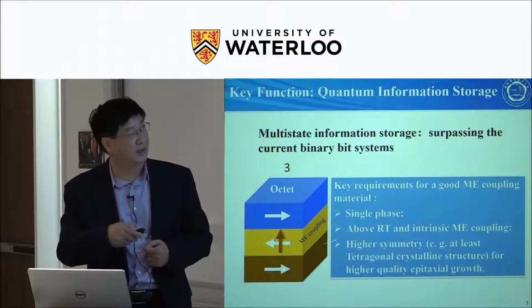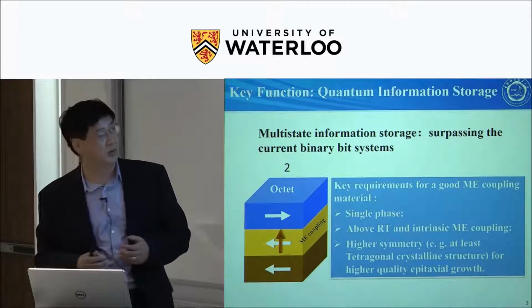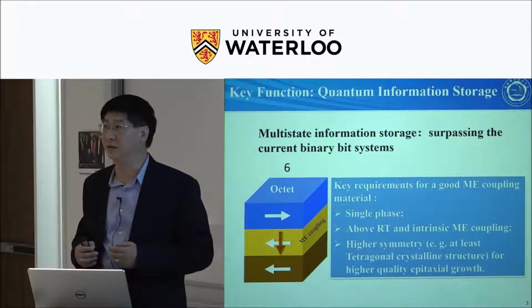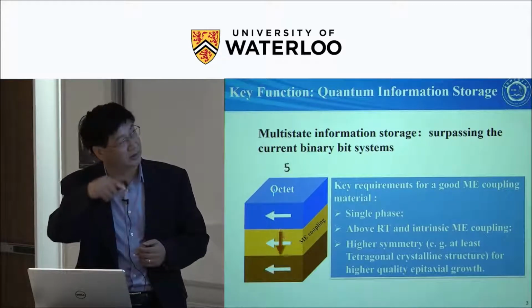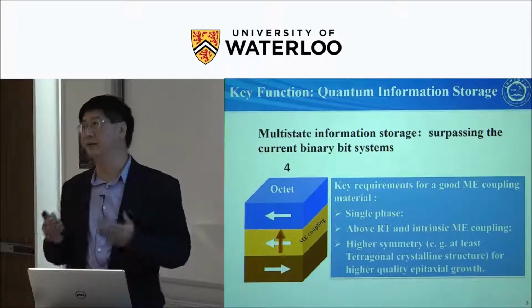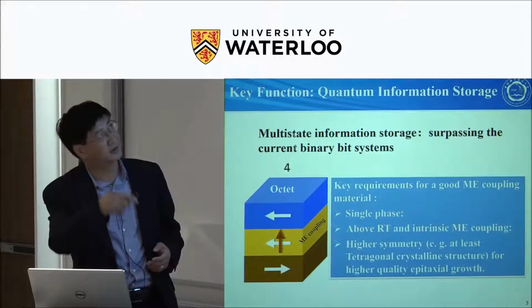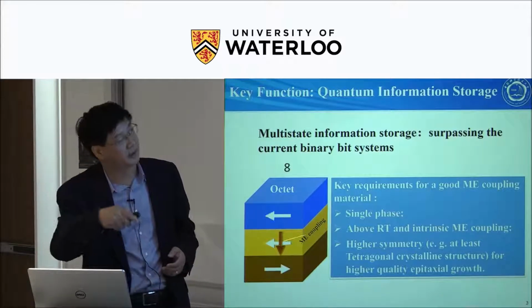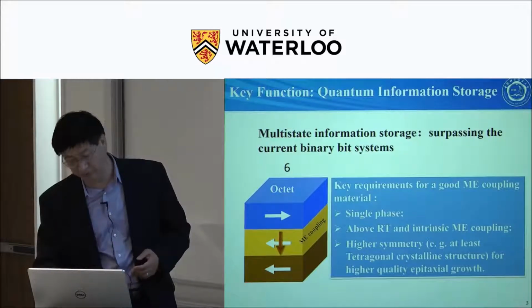The third is that we need a higher-symmetry crystalline lattice structure. Why do we need that? Because you look at this: it is a superlattice, so we have to make materials and glue them together as a superlattice. This is just one example of the requirements for this layer of material.